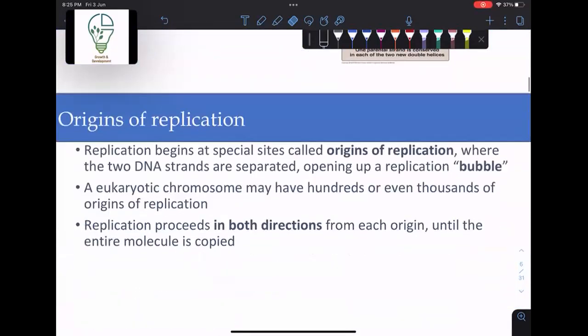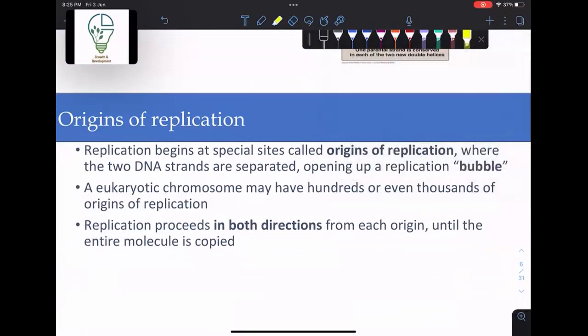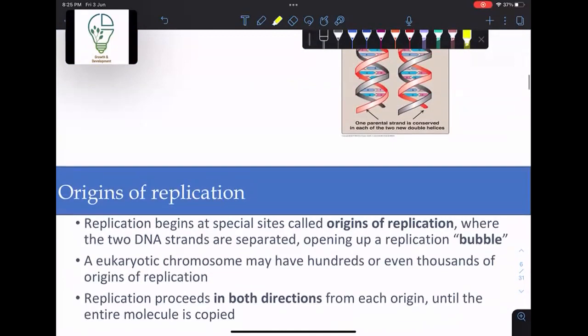All right, so now we're going to talk about the actual process of replication, okay? Before the cell starts to replicate, there's an area, a bubble, kind of a place that forms in between the double helical structure. So here's how it looks.